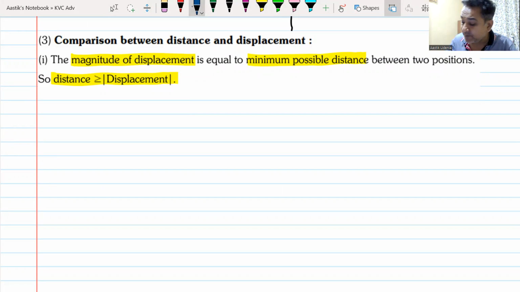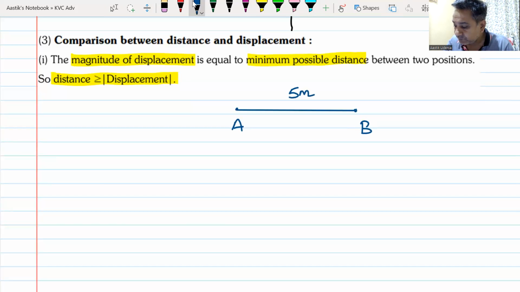Okay, let me give you an example. The particle goes from A to B in a straight line path like this. The distance traveled is 5 meters. Then it comes from B to C in the green path and it travels 3 meters.